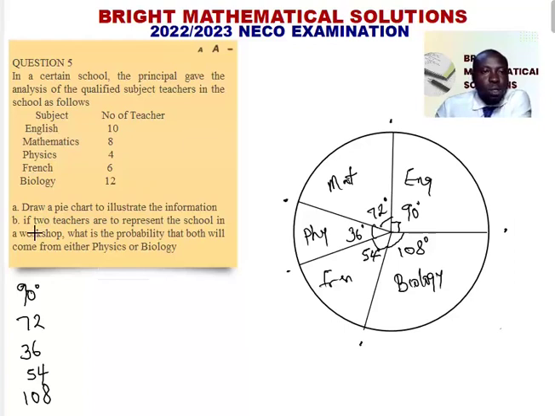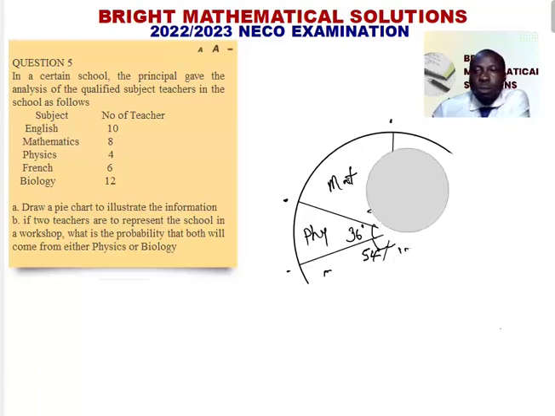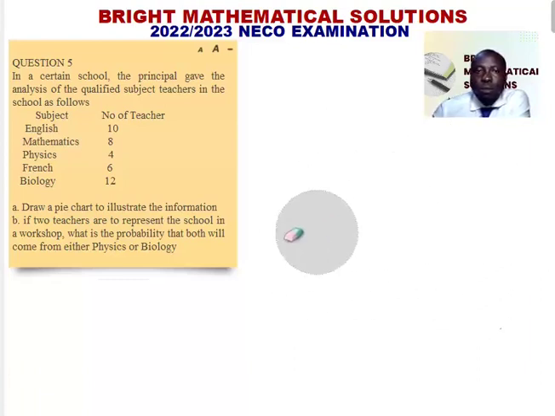Now the next question says, if two teachers are to represent the school in the workshop, what is the probability that both will come from either physics or biology? Now let me run this off. So the question is, the first thing for the probability, let us write the total number of teachers.